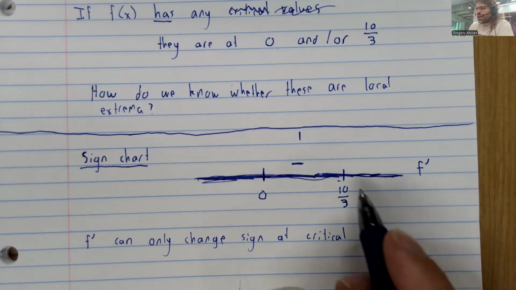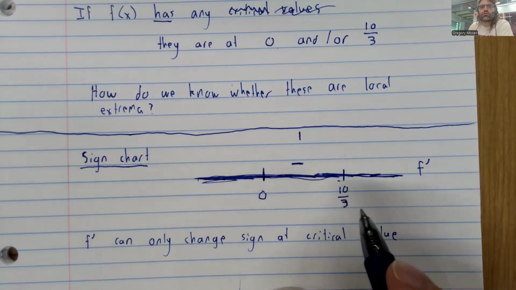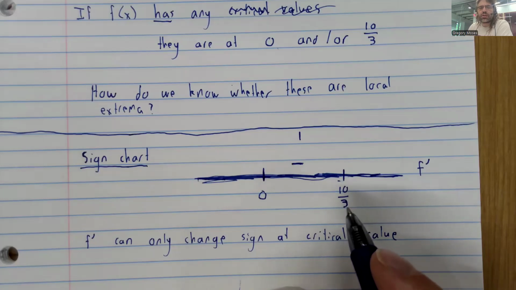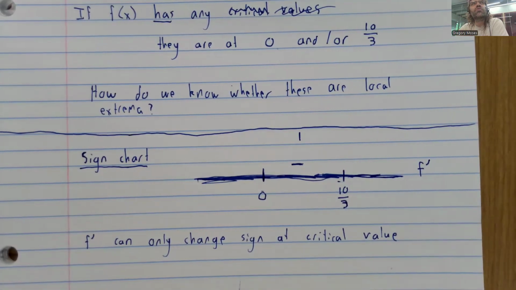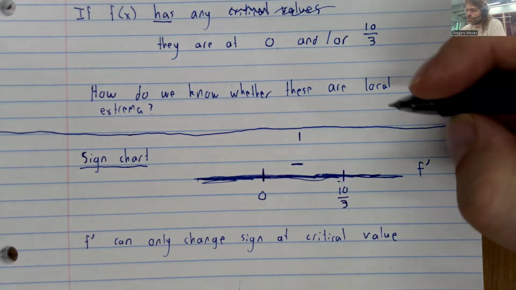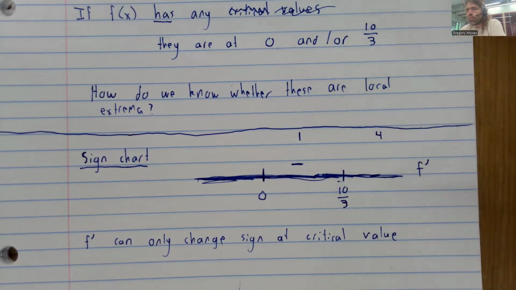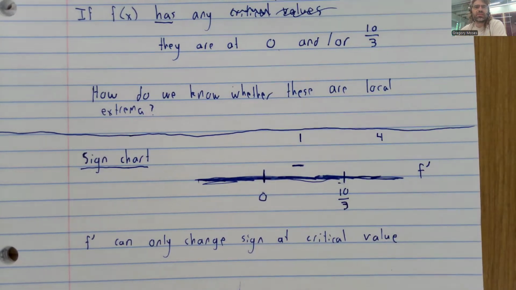Now let's look at the interval of values greater than 10 thirds. So 10 thirds is 3 1/3. So 4 is a number in this interval. So's 5, so's 50, so's 500. The specific number I use doesn't matter.